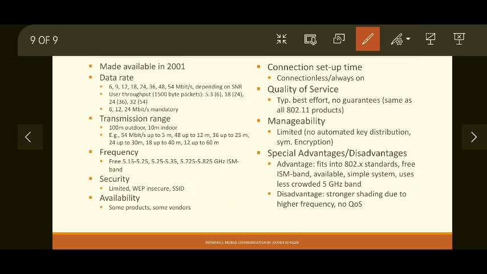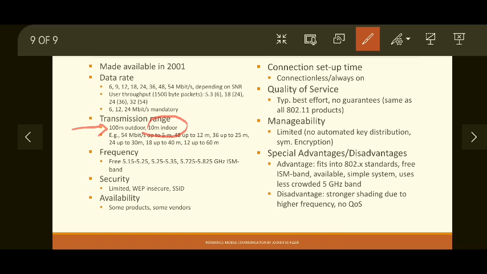Then the transmission range was changed from 300 meter outdoor to 100 meter outdoor, because wireless LANs are primarily used in closed spaces, so there is no point in providing higher range outdoors. So 100 meter outdoor and 10 meter indoor were standardized. Most home users were comfortable with 802.11a.